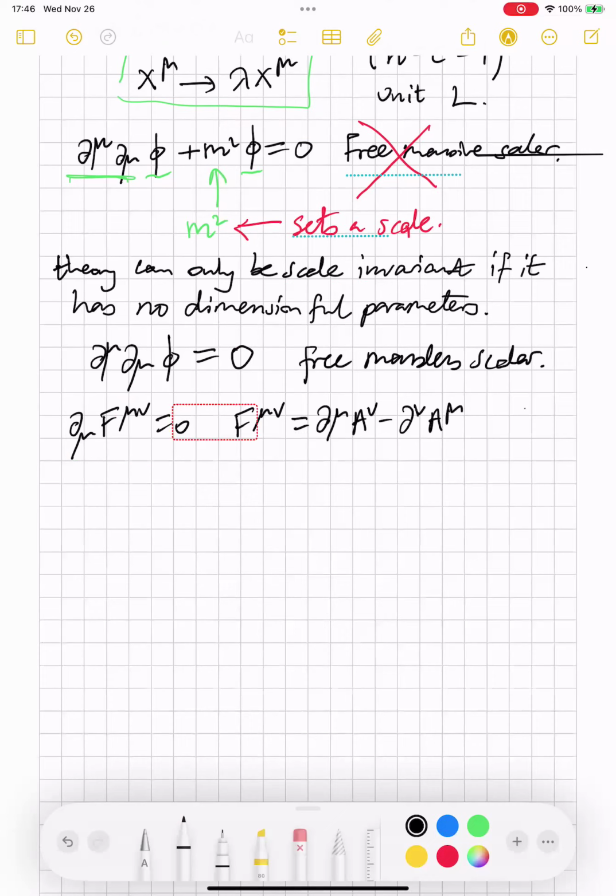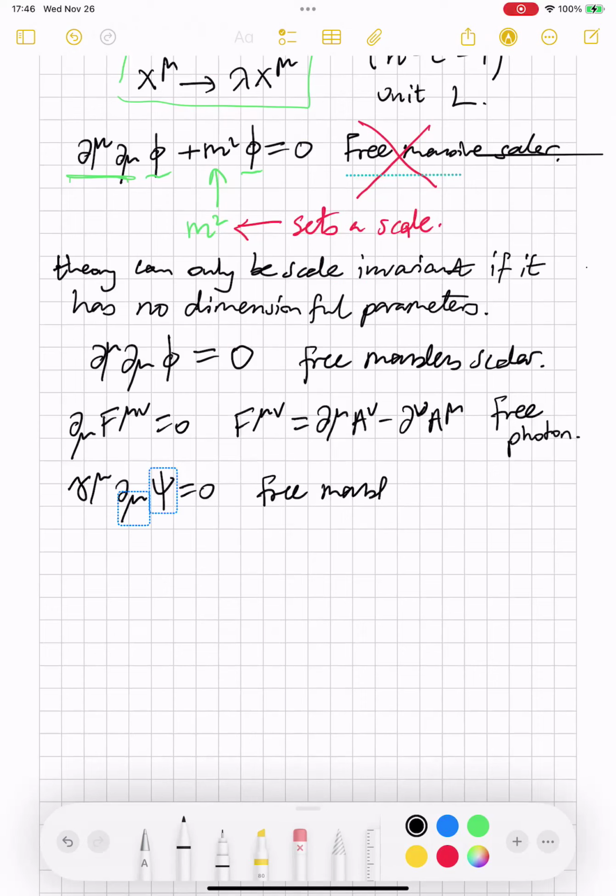So what is this? This is a free photon. I can give you another example. If we take γ^μ, this is Dirac's gamma matrix, on ∂_μ onto some fermion field ψ, this would be a free massless fermion. This is also an example of a conformal field theory.